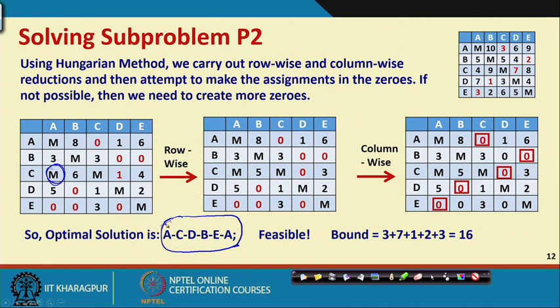And what is the bound value? The bound value is 3 plus 2, 5, plus 7, 12, plus 1, 13, plus 3, 16. So, the current bound value is 16.